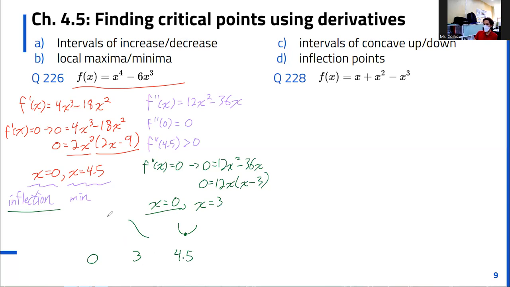Okay. And then when x equals 0, while we were curving down, concave down, it must mean that we went from concave down to concave up. Like this, when x equals 0.